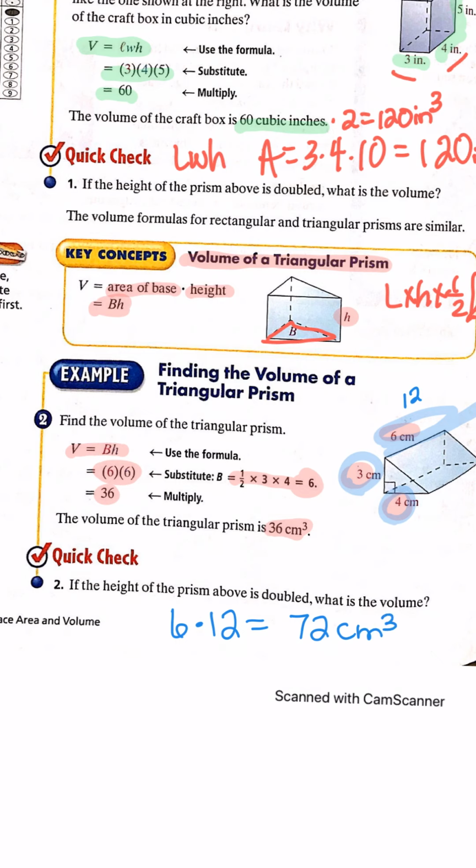And so another way to look at it, when they do things like this, if the height of the prism above is doubled, all we have to do is double what we did before. 36 times 2 is also 72 centimeters cubed. Either way is a way that you can use to come up with the correct answer.